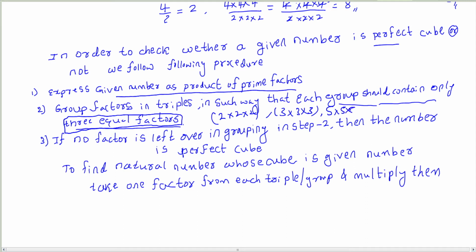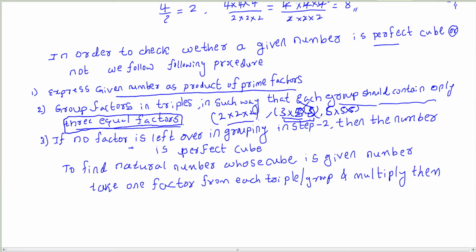It should contain 3 factors and they should be equal, not like 3 into 5 into 2. That contains 3 factors but not equal factors.